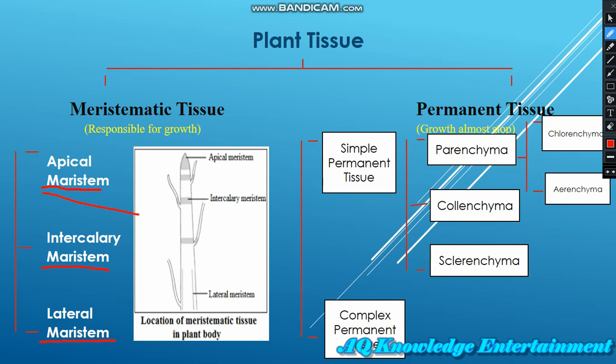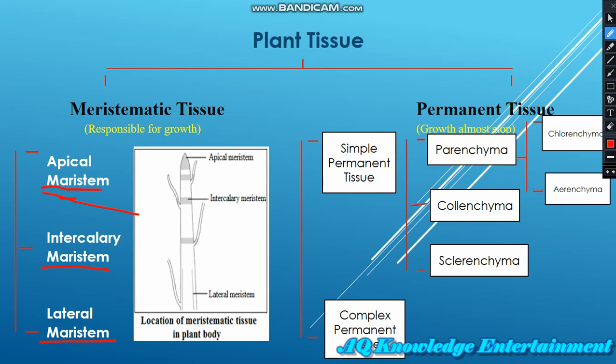Now first let's talk about the apical meristem. What is the apical meristem? The apical meristem is present at the growing tips. First of all, let me tell you, the apical meristem is responsible for growth. This meristematic tissue does things related only to growth.